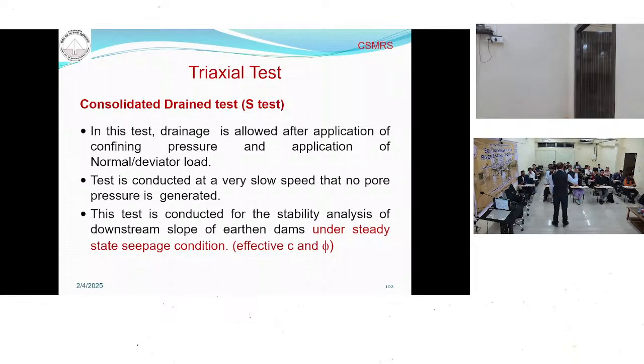But under this test, we allow the water to come out in every condition. And the test is conducted at such a slow speed that there is no development of pore pressure. So this gives us the effective c and phi. But if we measure the pore pressure, we can calculate the effective c and phi from the second test, consolidated undrained test.